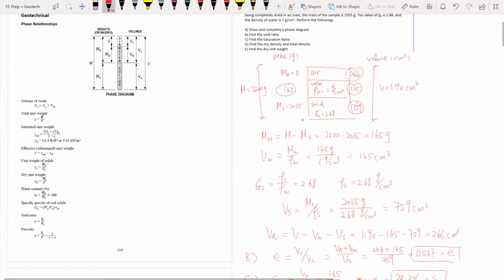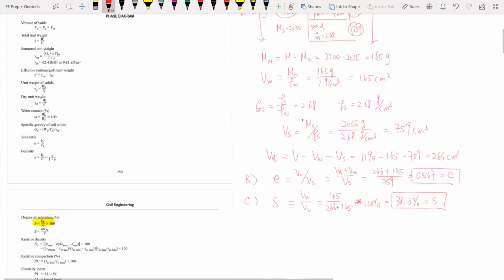And then part D asks for the dry density. The dry density is given in our FE manual, which gives us the unit weight. But we understand that the density is related to the unit weight, because unit weight is equal to the density times gravity.